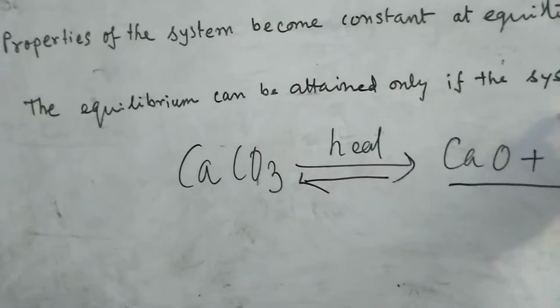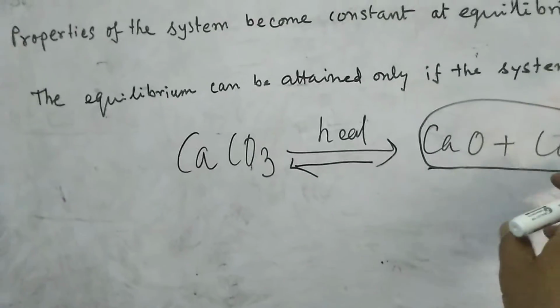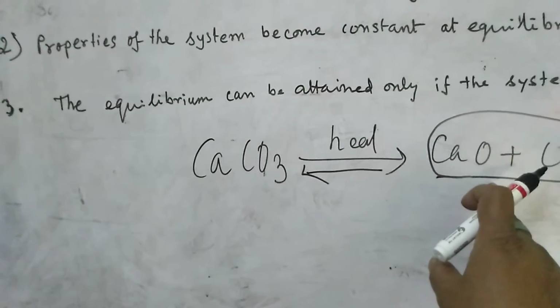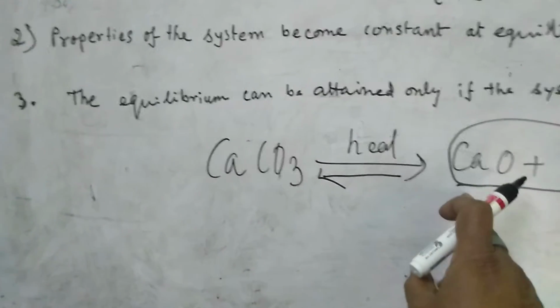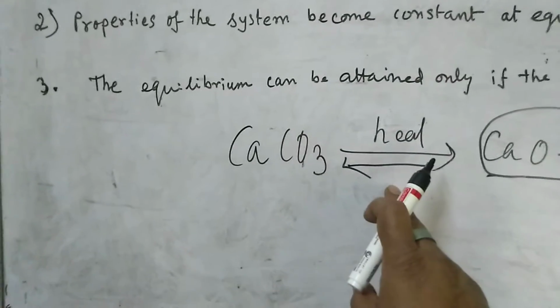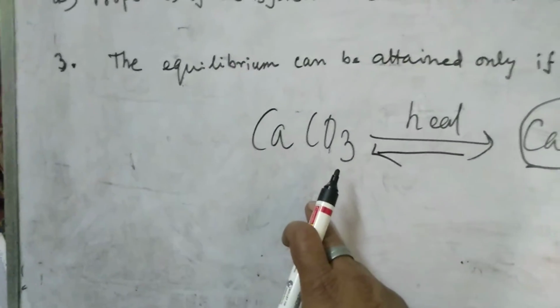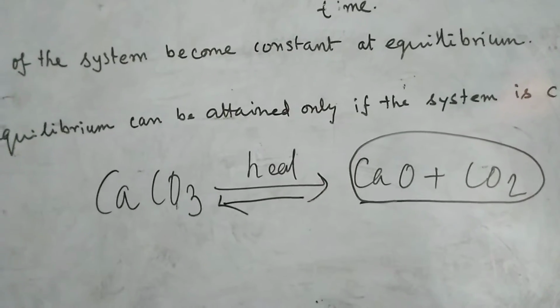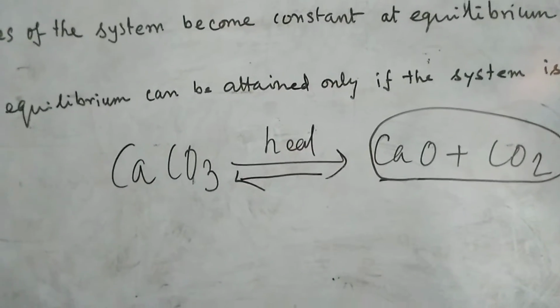the backward process reactants are present, they will do the reversible reaction to form calcium carbonate again, and at a certain time the calcium carbonate decomposition will attain equilibrium.